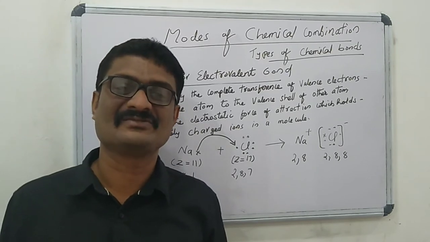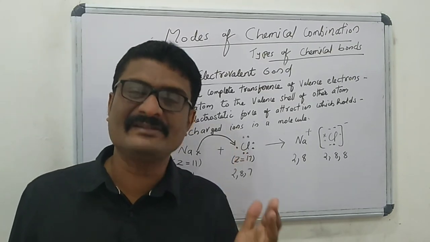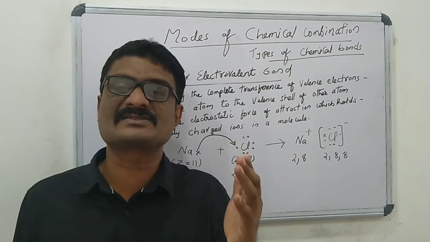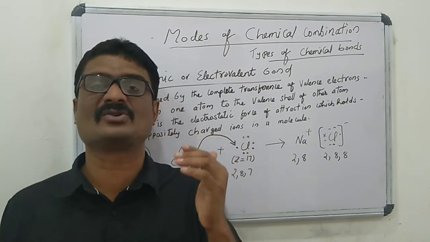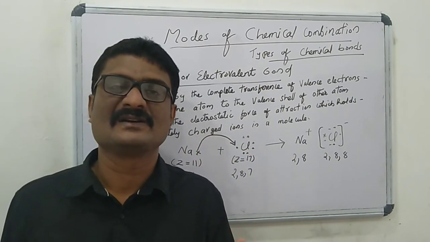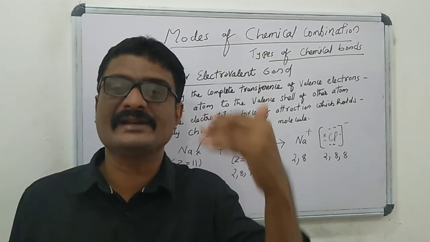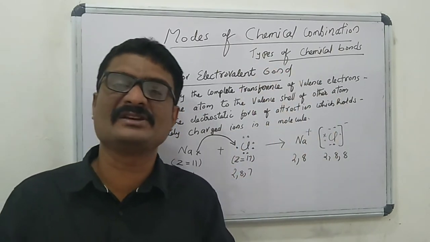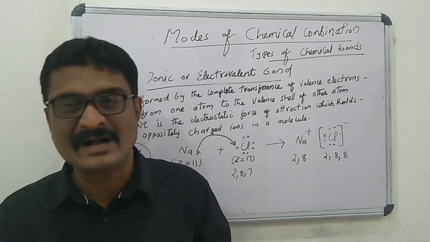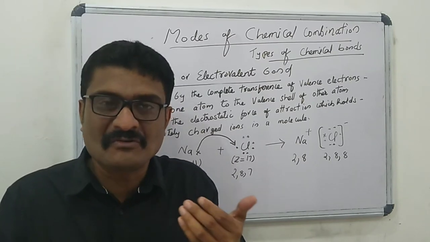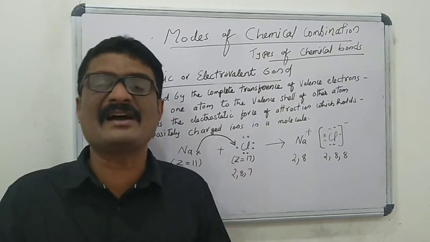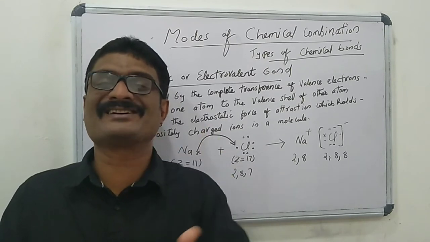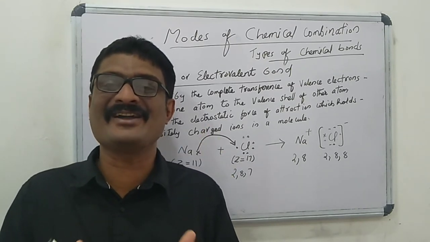When it loses one or more valence electrons, it becomes a positively charged ion, and when an atom gains valence electrons, it becomes a negatively charged ion.